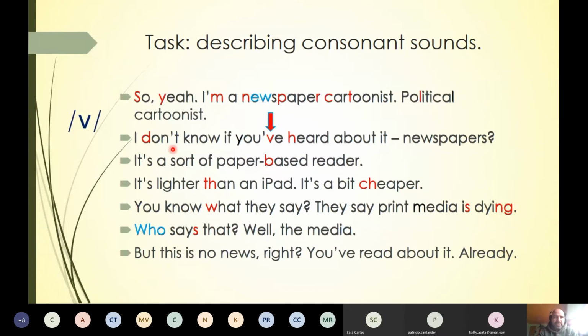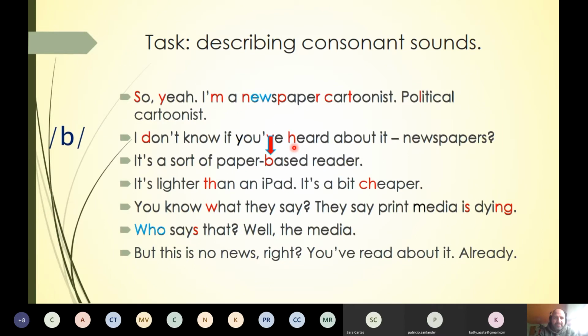Then v is voiced, because there's vibration of the vocal folds. Labiodental, because we use the upper teeth pressed against the bottom lip, and it is fricative. There's friction there. The initial sound in right, h, is also fricative, just like the previous one, but it's voiceless and glottal.